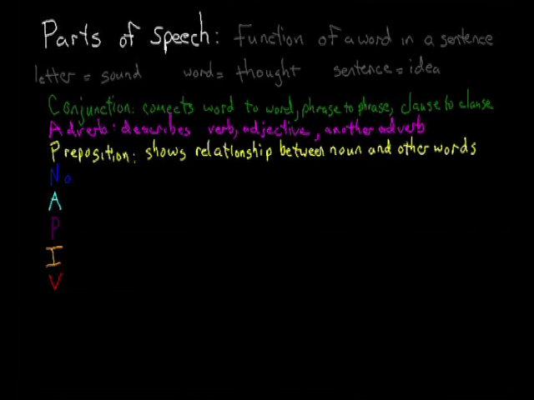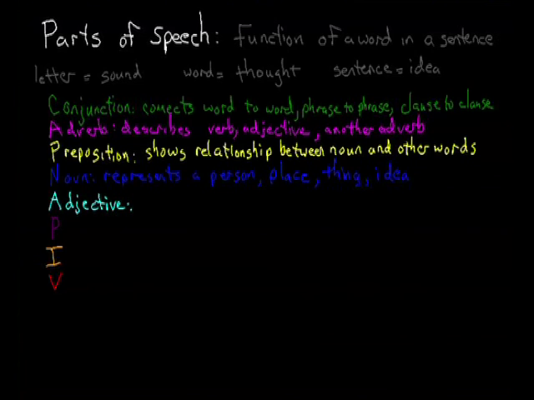If it's not functioning in a phrase, it's really an adverb, and we'll talk about that more in the lesson about prepositions. The N stands for noun, and nouns represent a person, a place, a thing, or an idea. And it's important to remember that fourth one, the idea, because there are quite a few nouns that are actually ideas. The second A stands for adjective.